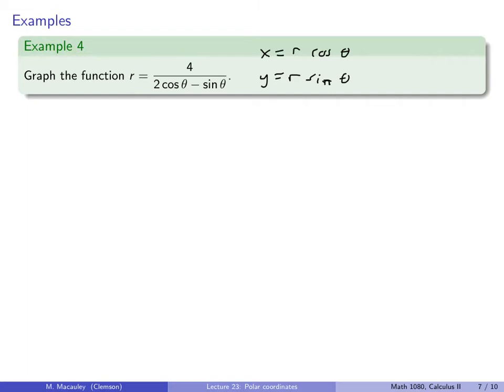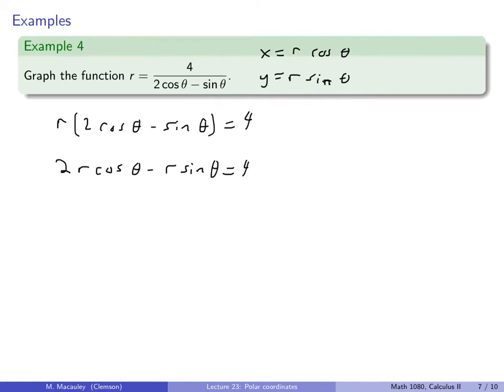So let's write this as r times (2 cosine theta minus sine theta) equals 4, which is 2r cosine theta minus r sine theta equals 4.